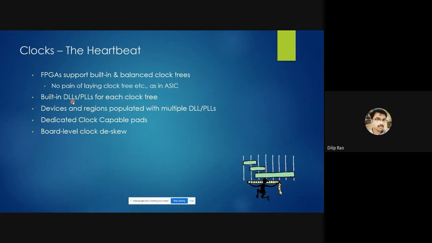Board level clock deskew. Suppose you are using a clock which is generated external to the device, coming from an external crystal or an oscillator. That has to be deskewed, because the moment it enters from the external world, the characteristics of the clock will be impacted.